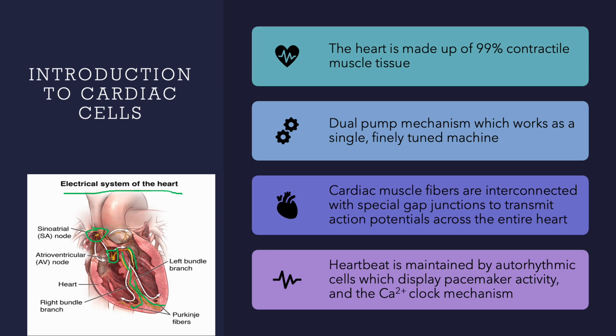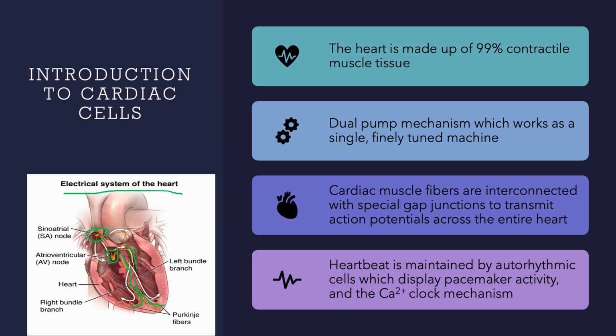You likely already know that the heart is a dual pumping mechanism and works as a single finely tuned machine, or at least ideally it works that way, in order to enable individual heart fibers to contract simultaneously. There are special gap junctions which transmit the action potential from cell to cell.